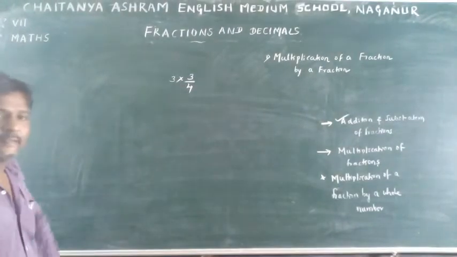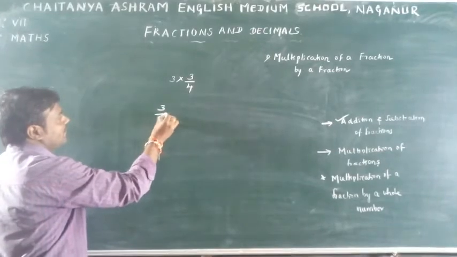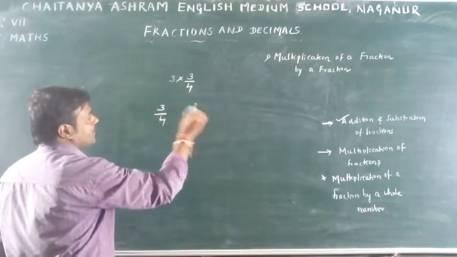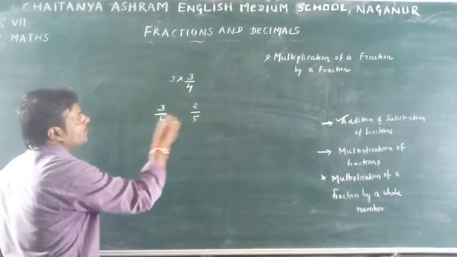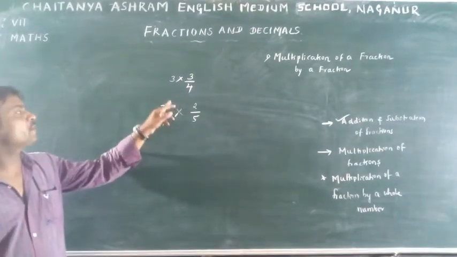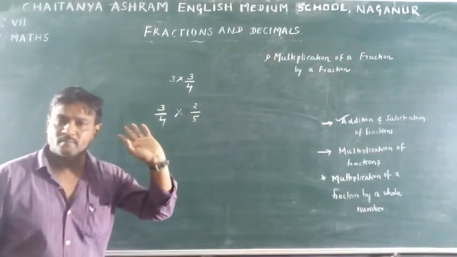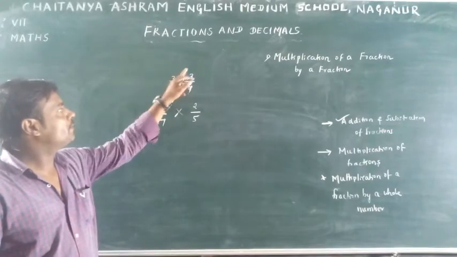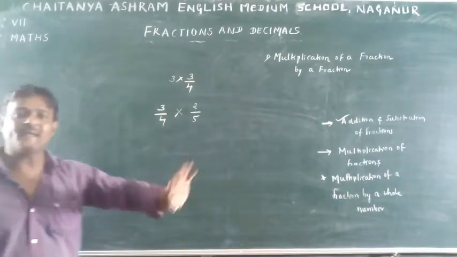Here both are fractions. Consider 3 by 4 and 2 by 5. Multiply 3 by 4 by 2 by 5. Multiplication of a fraction by a fraction. Clear? The earlier one is multiplication of a whole number by a fraction. Here both are fractions.